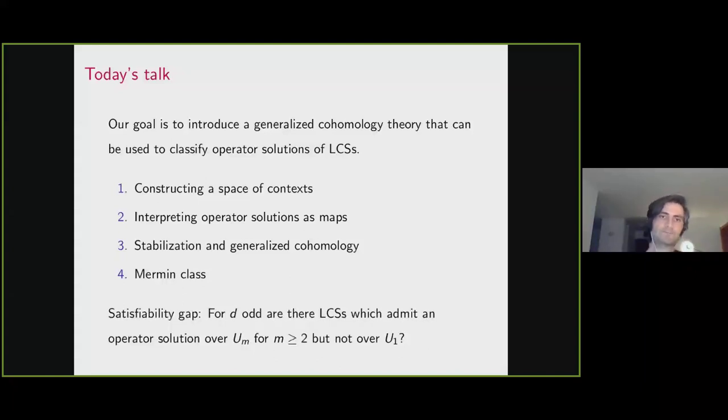And an interesting question to keep in mind: the particular examples of linear constraint systems, like the Mermin square construction and the star construction, are actually binary constraint systems.